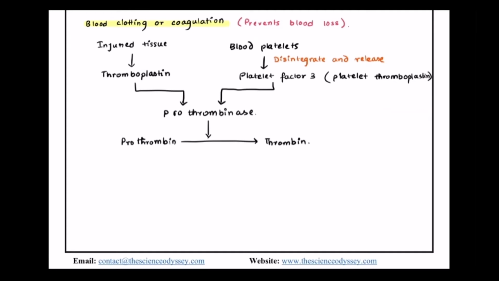And how does prothrombin do that? Basically what it does, it inactivates heparin. Now, heparin is an anticoagulant, right? It inactivates heparin and catalyzes this process of prothrombin to thrombin.